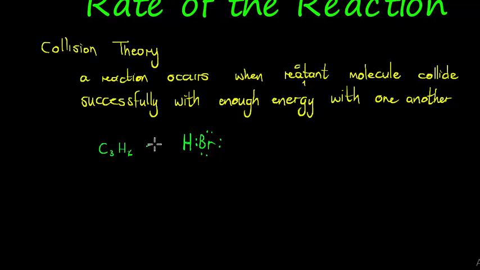This molecule needs to successfully collide with that molecule, and then the one carbon would have a very high likelihood of giving this hydrogen his electron, breaking the bond with the other carbon, and at that moment that carbon needs an electron. So there are these intermediate molecules, H plus, and then there's this other intermediate molecule.